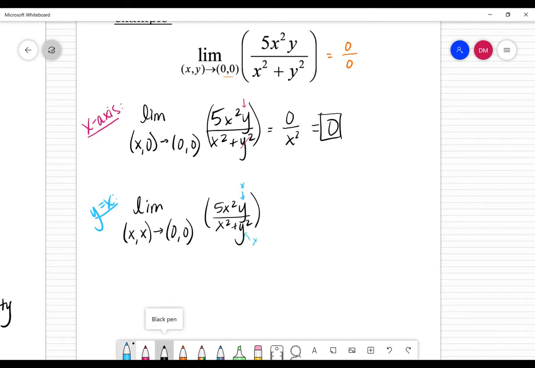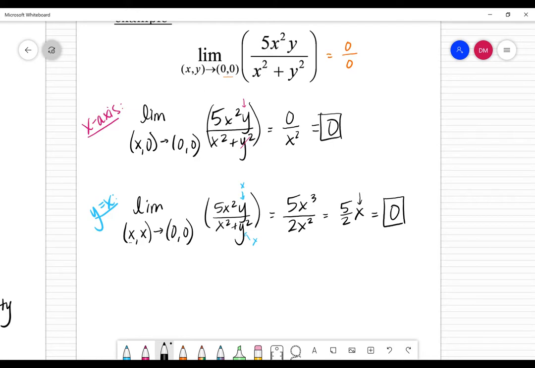So we're going to be combining some like terms here. Multiplying this x squared by this x right here gives me 5x cubed. And then adding these like terms down here, x squared plus x squared gives me 2x squared. You can do a little simplifying here, and it looks like I get 5 halves x, which is, again, an x value going towards 0. And so evaluating 0 right there would give me 0.